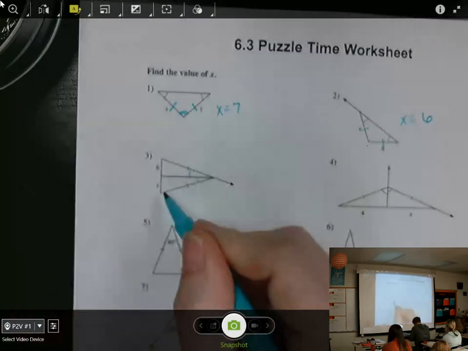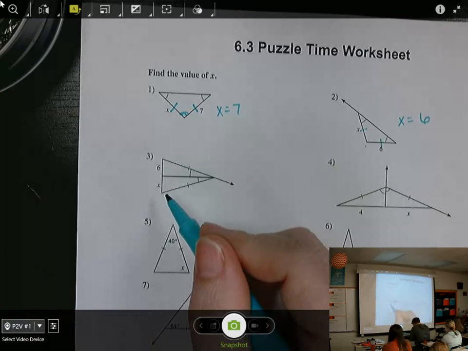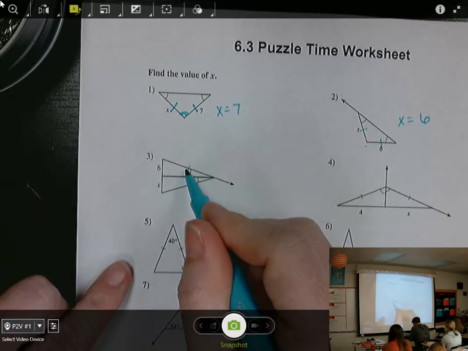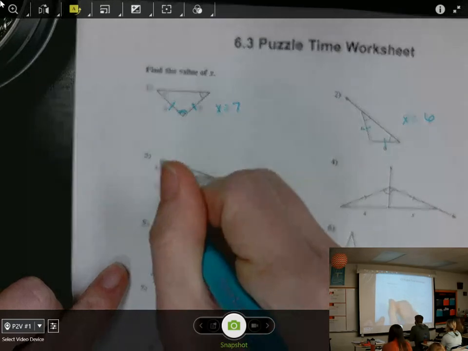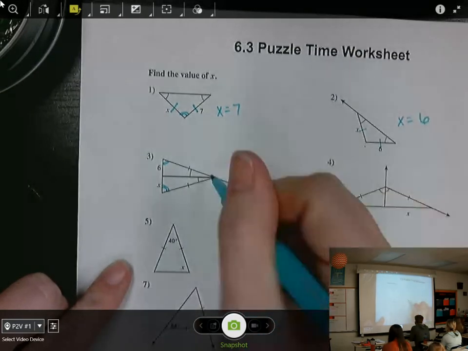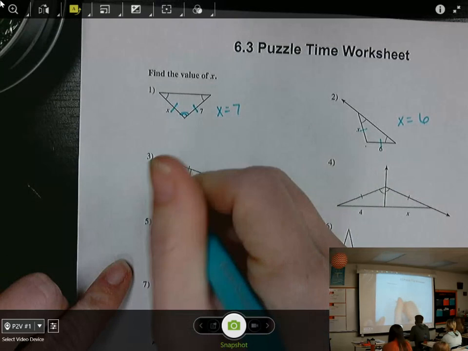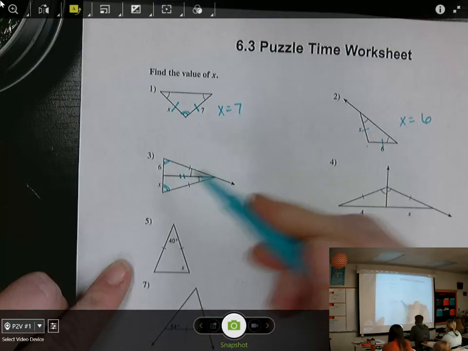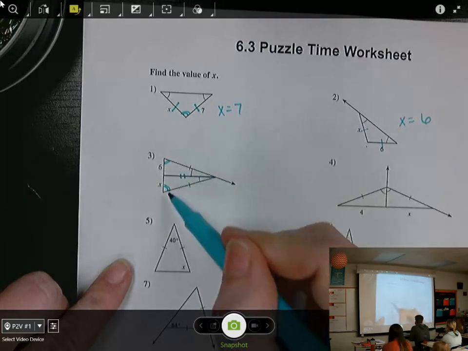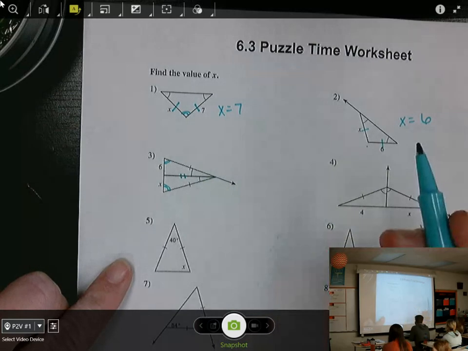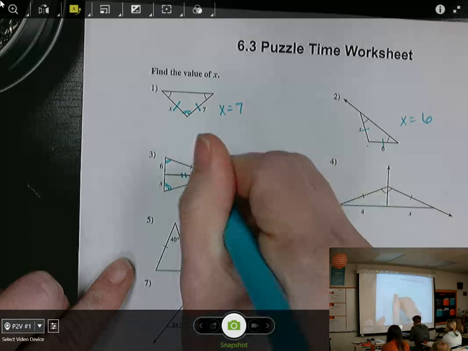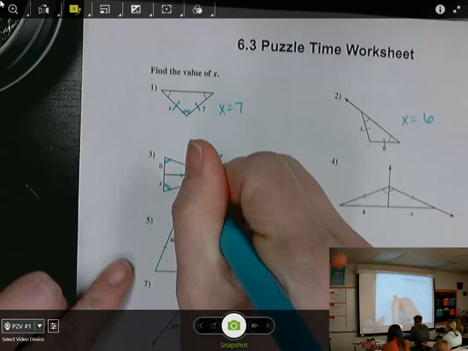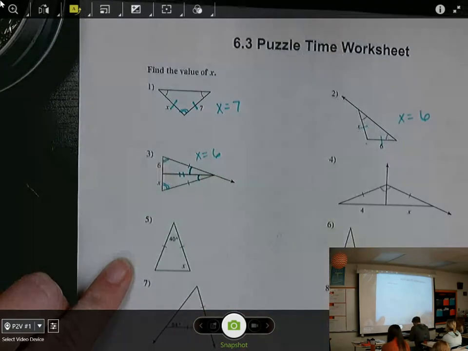Here, this one's a little bit more complicated than what we've covered. Since these two sides are congruent here, that means this angle and this angle are congruent. And also this side is congruent to itself, so that's reflexive property. So these two triangles are congruent to each other by angle side angle. We're going to get into that. But these two sides are equal to each other. So it's X equals 6. And notice that they're marked congruent. This angle is marked congruent to that angle.